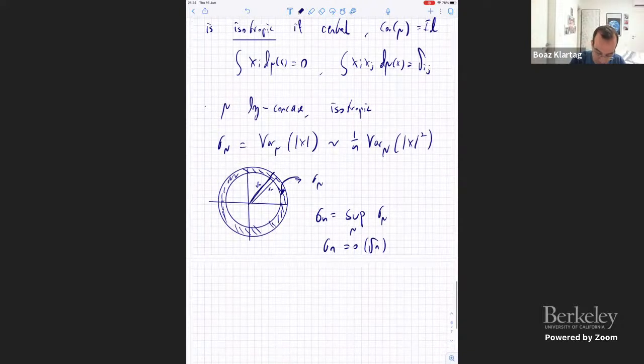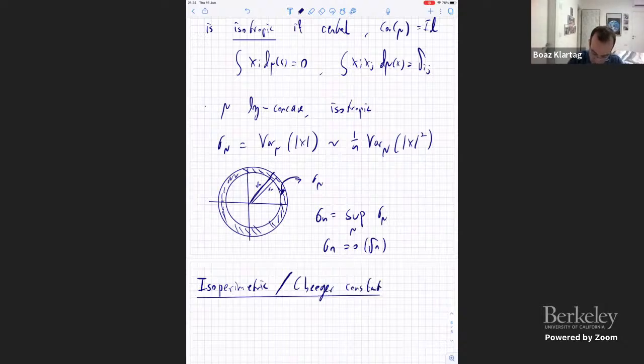Okay, now what's the KLS constant? Let me start with the isoperimetric, or Cheeger, constant as it is called in some communities. That's the following quantity. Our measure has a density rho.